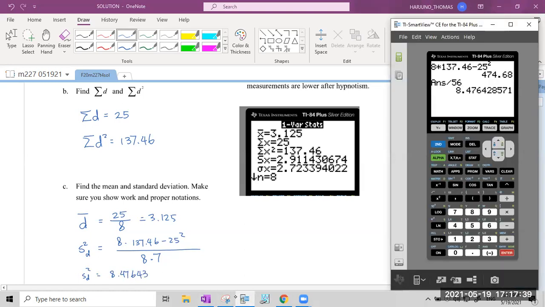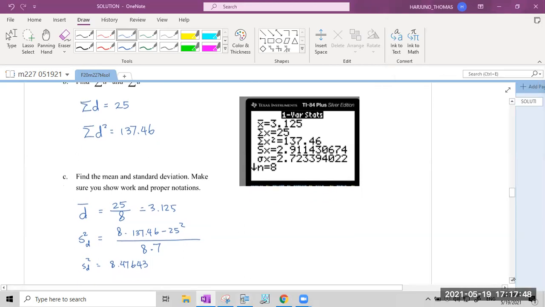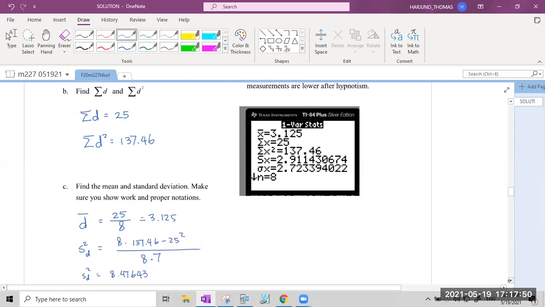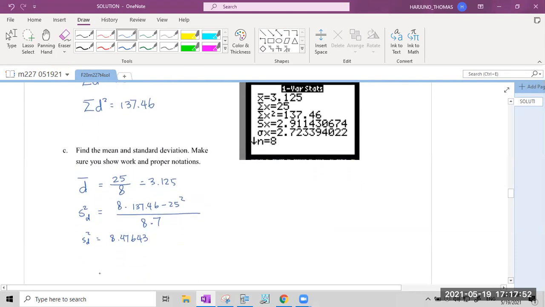Now the square root of that will give us our standard deviation. But Thomas, I thought we already have that standard deviation. Yes, but I still need to show the work, right? So I pretend to show the work even though I know the standard deviation of the differences is given to me here.